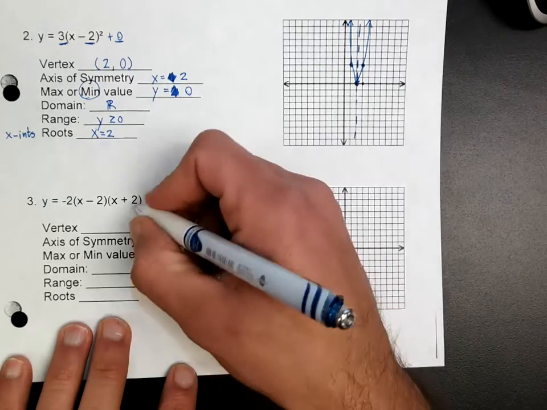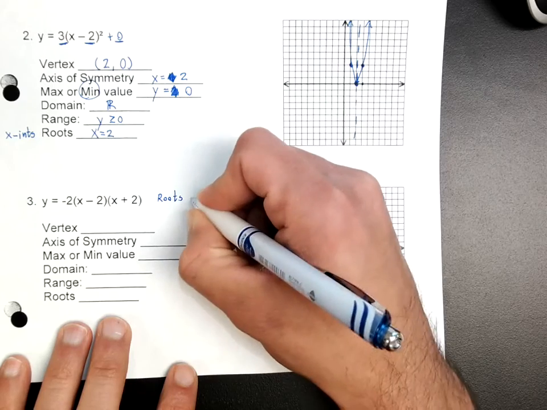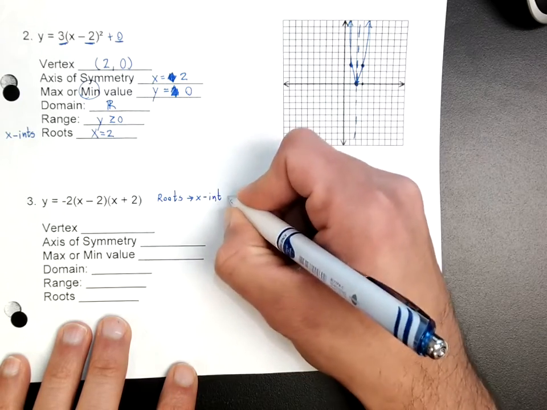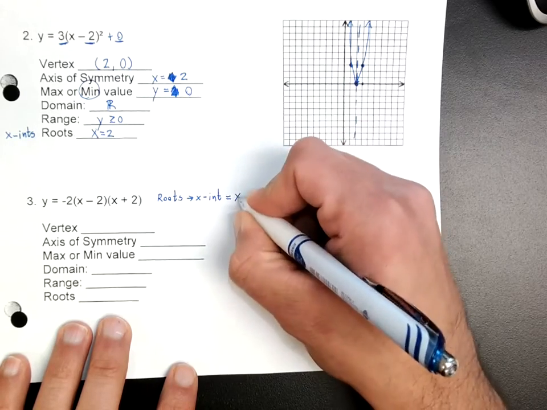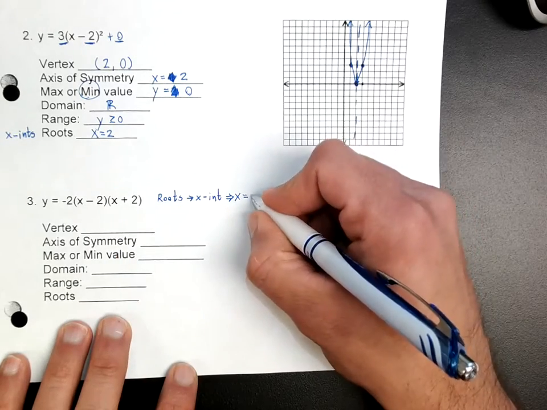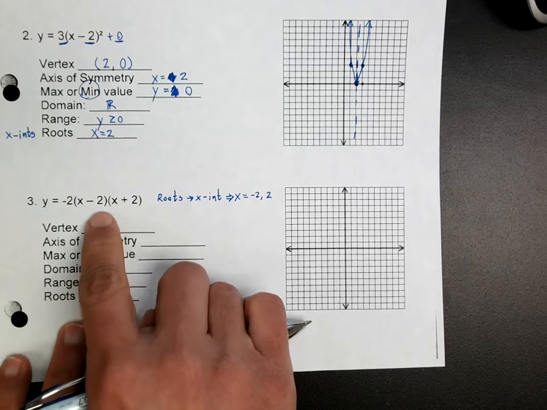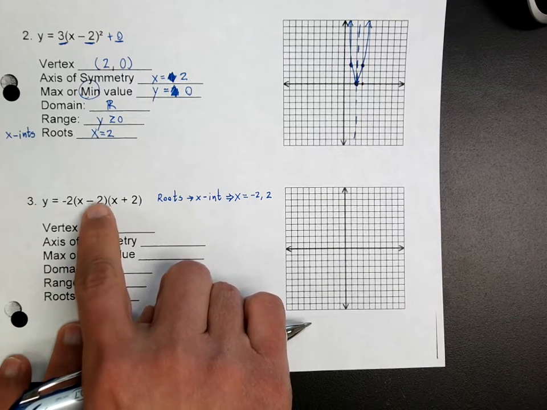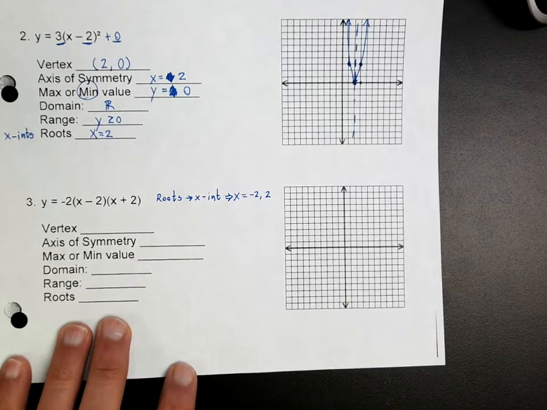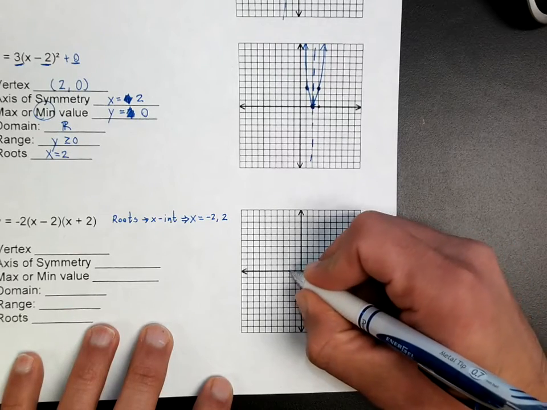So that means that my roots, which are my x-intercepts, are going to be located at x is equal to negative 2 and positive 2. Remember that technically I'm taking the opposite of those two. So this is positive 2, that's negative 2, for reasons that we'll probably talk about later. So we're going to put our roots here. We have positive 2, negative 2.